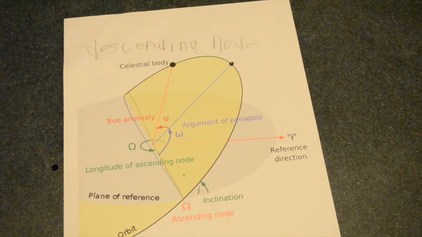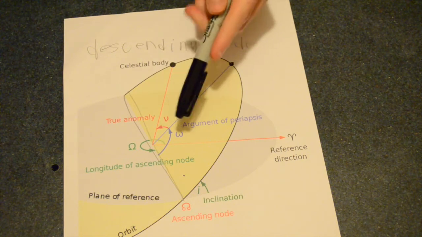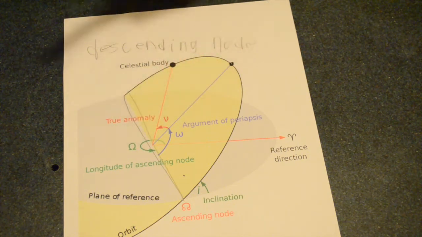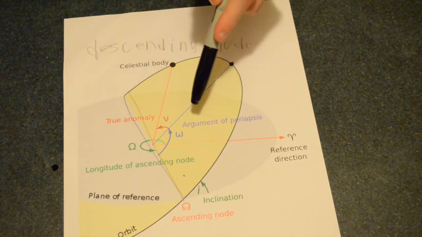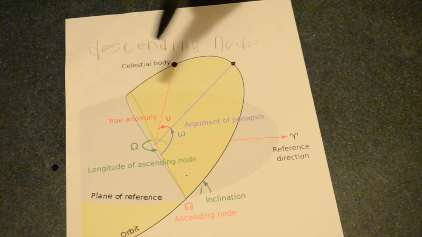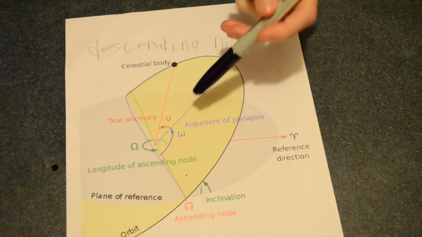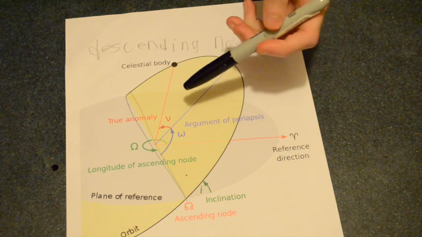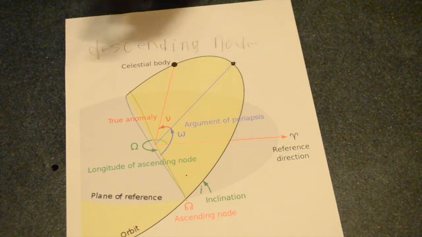And those are the orbital elements: A, semi-major axis; E, eccentricity; I, inclination; omega for longitude of ascending node; the squiggly W for argument of periapsis; and the V type thing for your actual location right then.